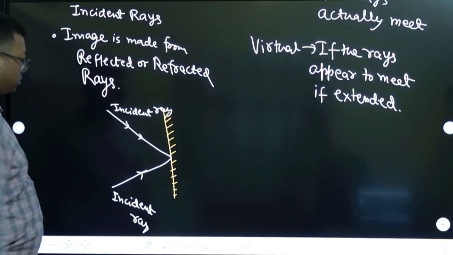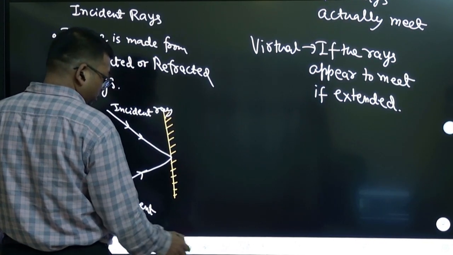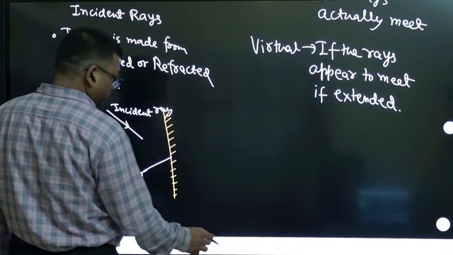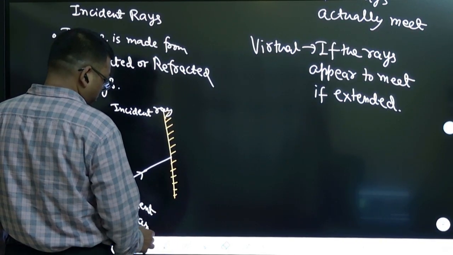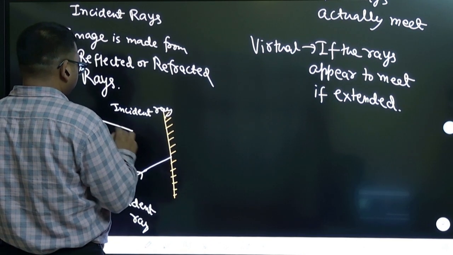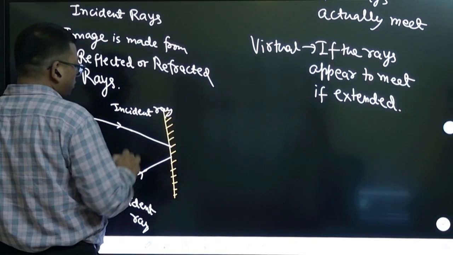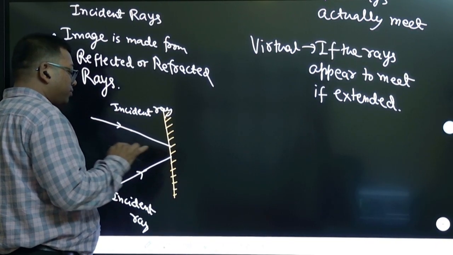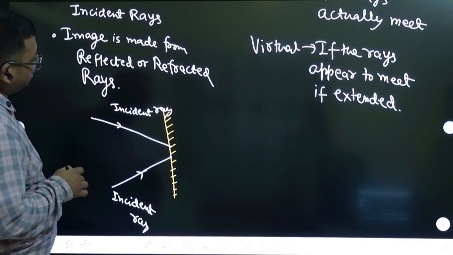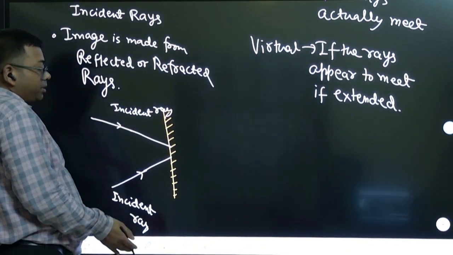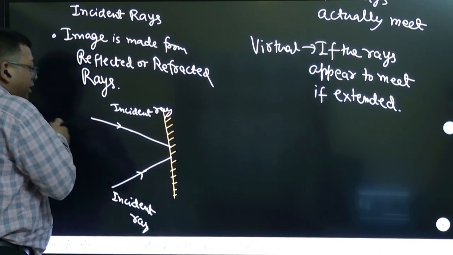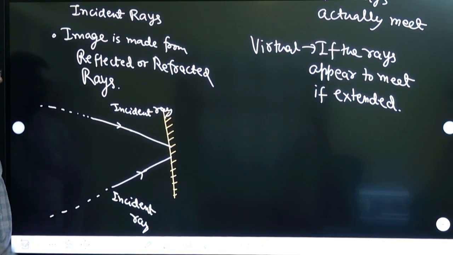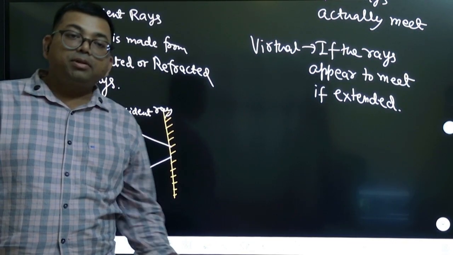Let us take it like this. These two rays will hit and reflect. I am not showing the reflected rays, I am showing incident rays. These incident rays are not meeting because the mirror has come in between, so actually they are not meeting. Backward also they are not meeting, right? Even if you extend them backward, they are not going to meet, because the mirror has come in front.